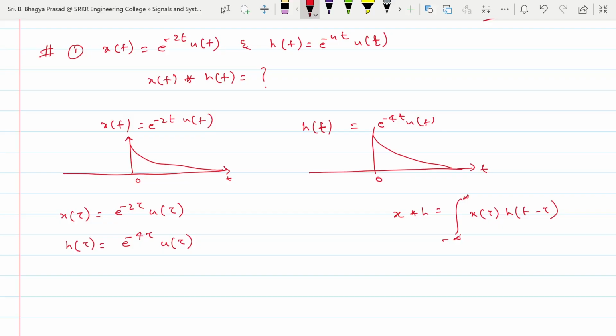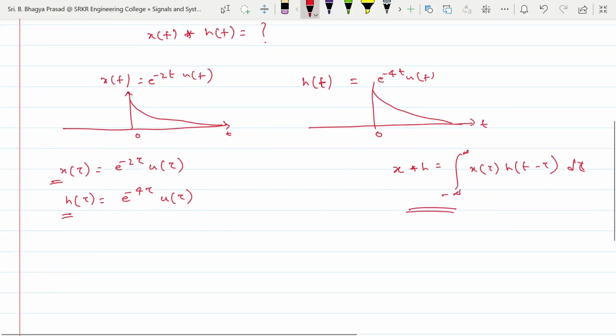So here we have the signal x of tau and we have h of tau. According to this expression, x of tau is ready, but we have to make h of t minus tau. So for h of t minus tau, first we find h of minus tau and then go for h of t minus tau.